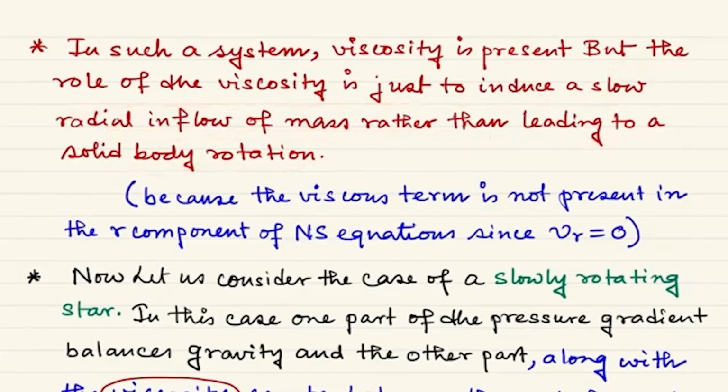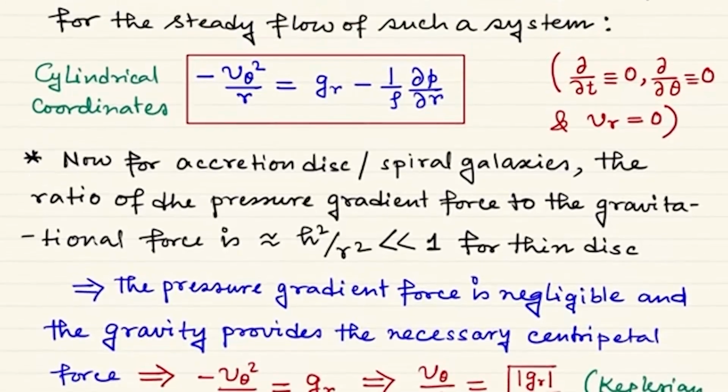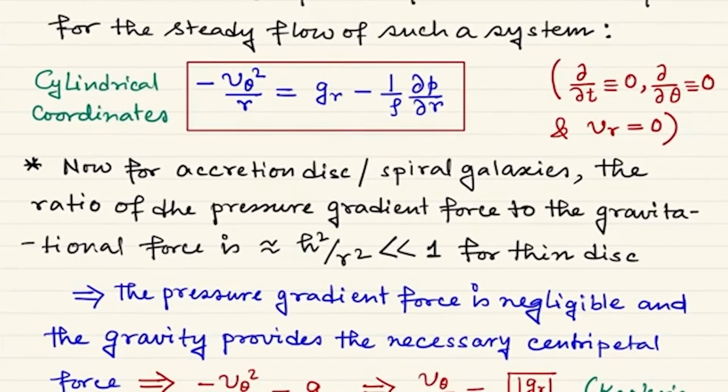In other words, if you go to this equation, you will see that there is no term from viscosity, and that's because of the simple fact that V_R is so small that the viscosity term, which should be some Laplacian of V_R times some coefficient of viscosity, will be very, very small.